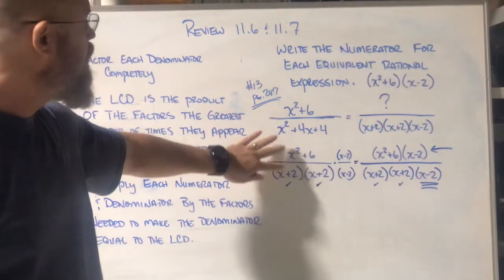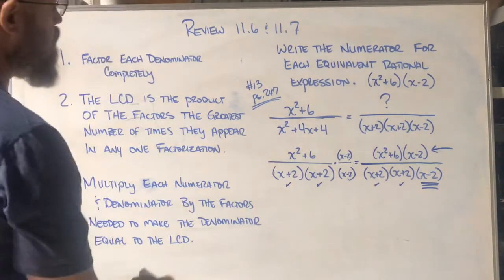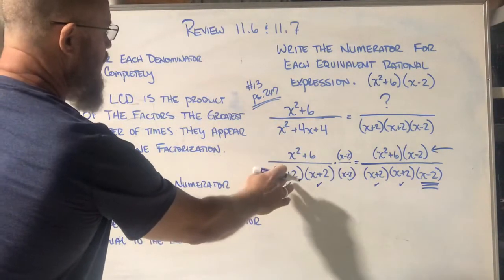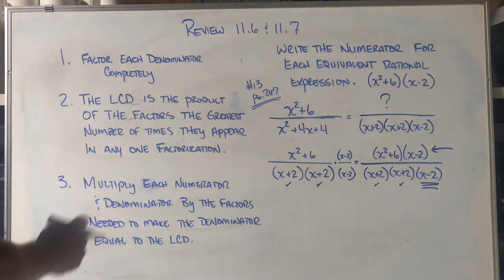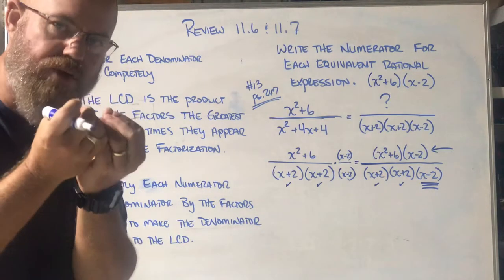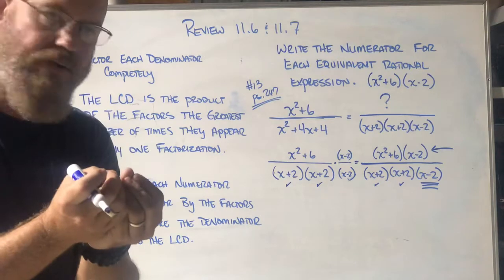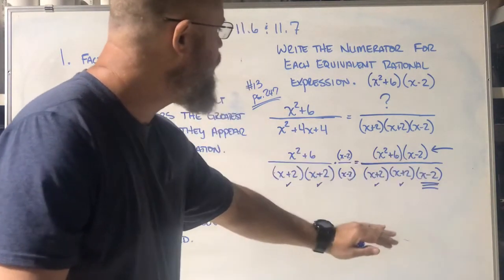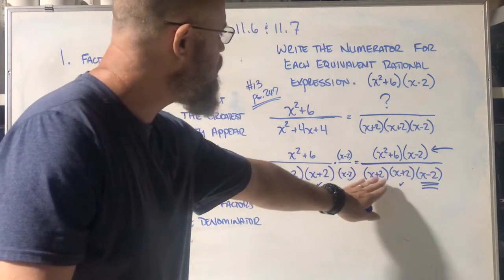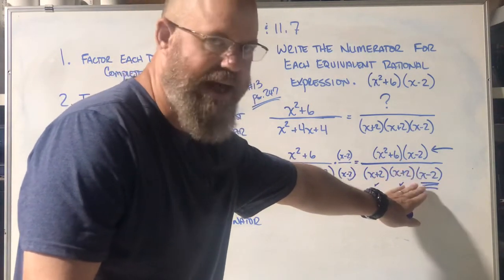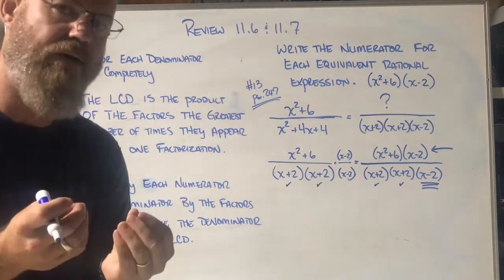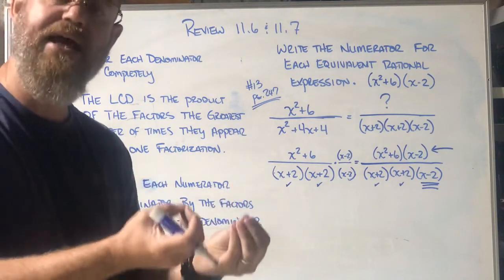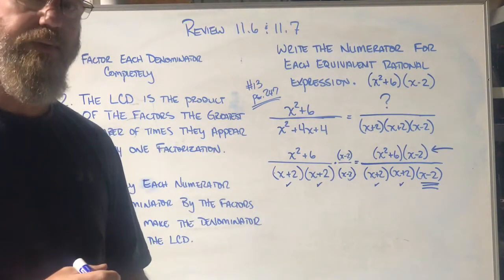So x squared plus 6 over x plus 2 times x plus 2 has an equivalent value to x squared plus 6 times x minus 2 over x plus 2 times x plus 2 times x minus 2. It's a different fraction, but it's the same value.